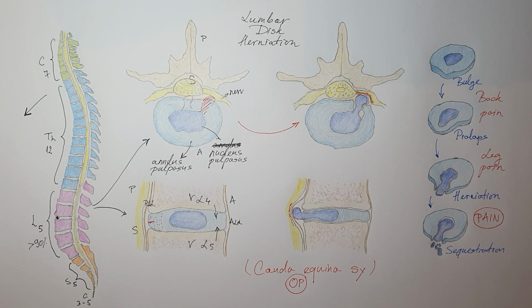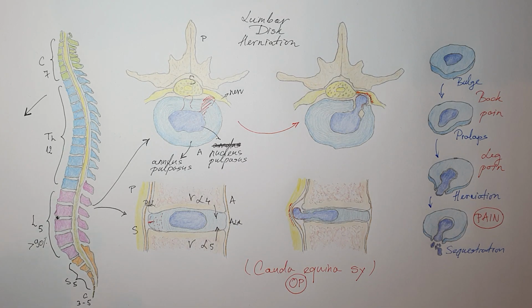Obviously, this is one topic and one theme that many people have experienced. If not a prolapse in the herniated disc, then at least back pain. And back pain has many differential diagnoses. Even if we have lumbar prolapse, the pain will be in the back area.